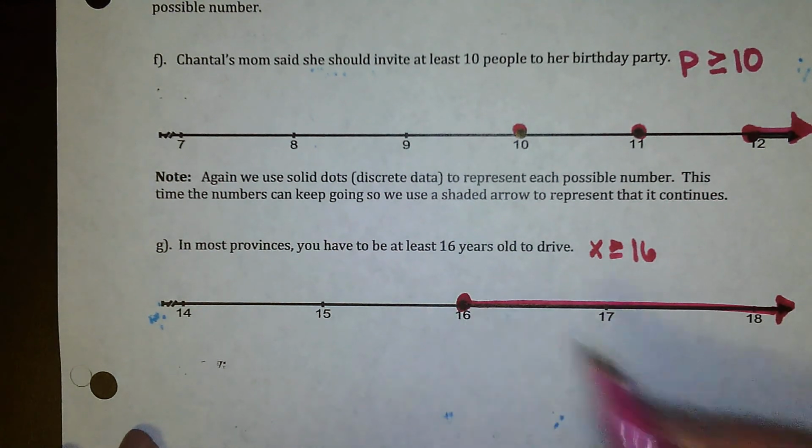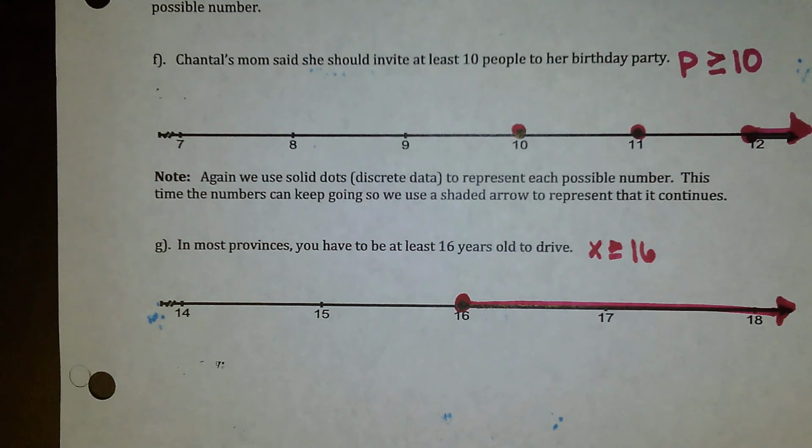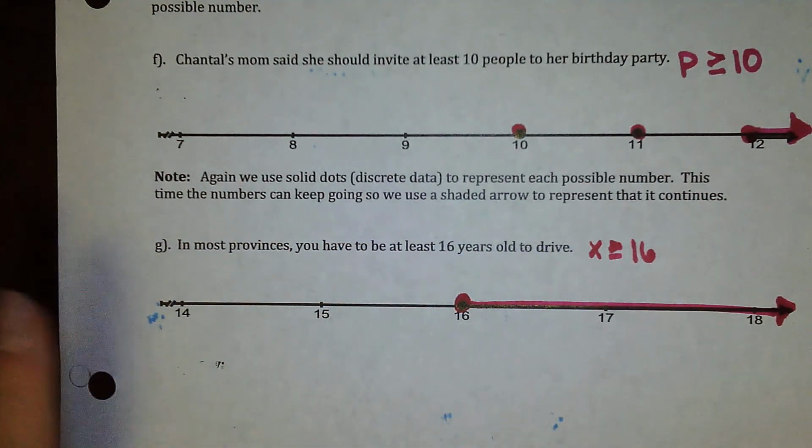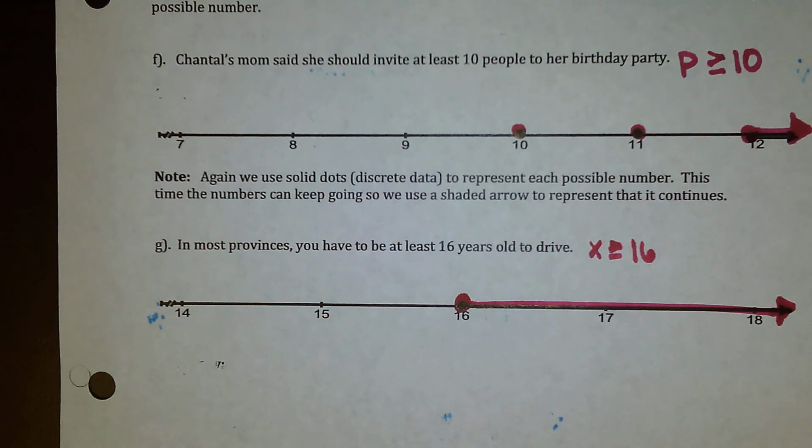And we're just going to close in that circle. So those are just some quick examples that are going to show you how to graph inequalities. I will post your textbook assignment below, and that's what you can work on. All right, thank you.